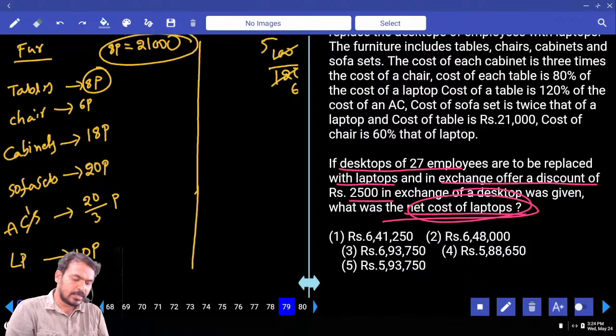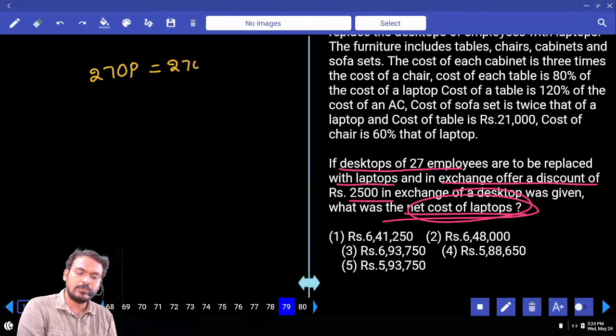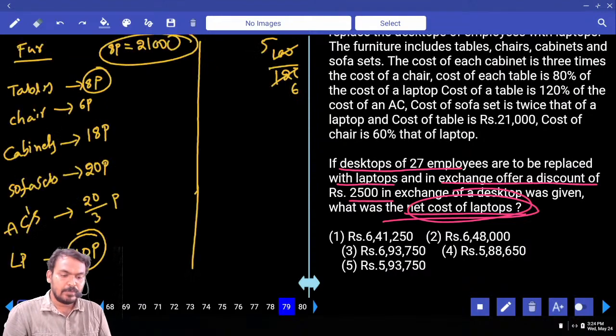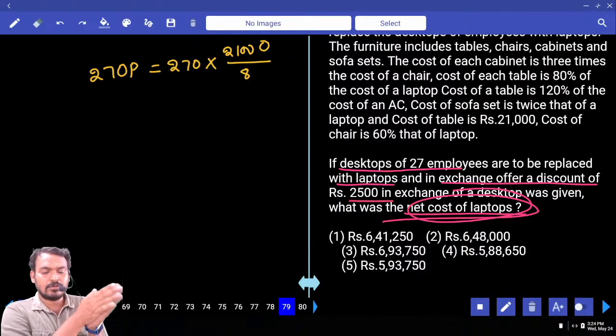What is the laptop? Each one is 10 parts. 27 laptops means 270 parts. Then 270 into every one part, which is 21,000 divided by 8. That is equal to the total cost of the laptops.